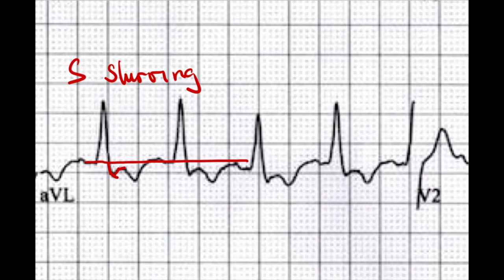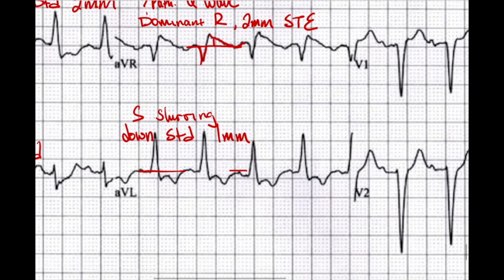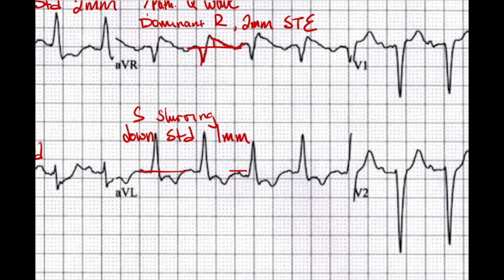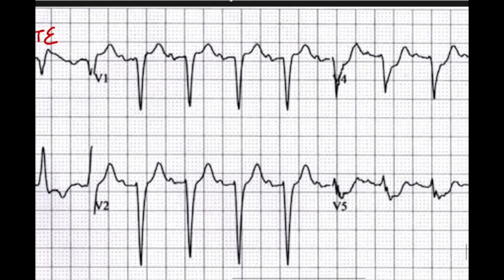We also seem to have some ST depression, and it looks like it's about 1 millimeter. Interesting. Let's move on to V1.